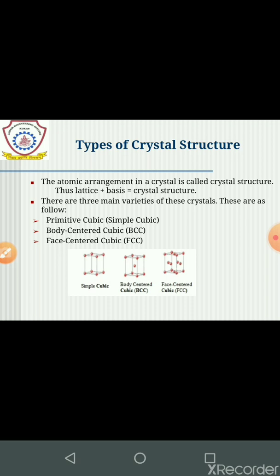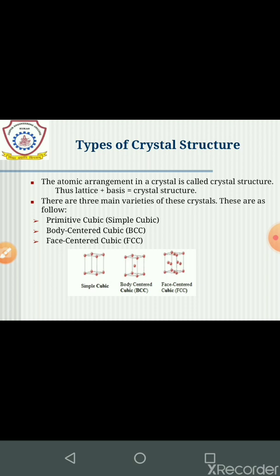A crystal structure is defined with the help of a unit cell. The unit cell is the smallest part of the crystal, and if we combine repeating elements of the unit cell, a crystal structure is formed.